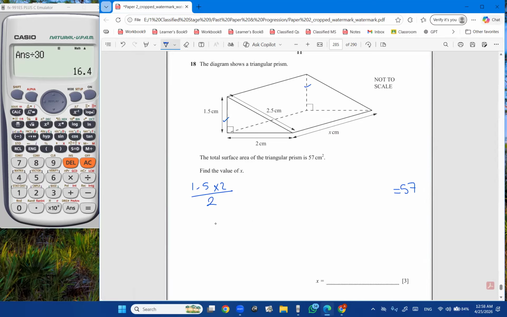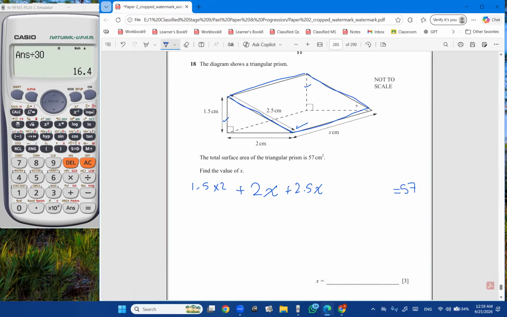Then plus the area of the rectangle at the bottom, which is base times height, or length times width, which is 2 times x, 2x. Now I finished the two triangles and the rectangle at the bottom. Next we've got a rectangle on the right side. Whether it's a rectangle or a parallelogram, it is x times 2.5, plus 2.5x.